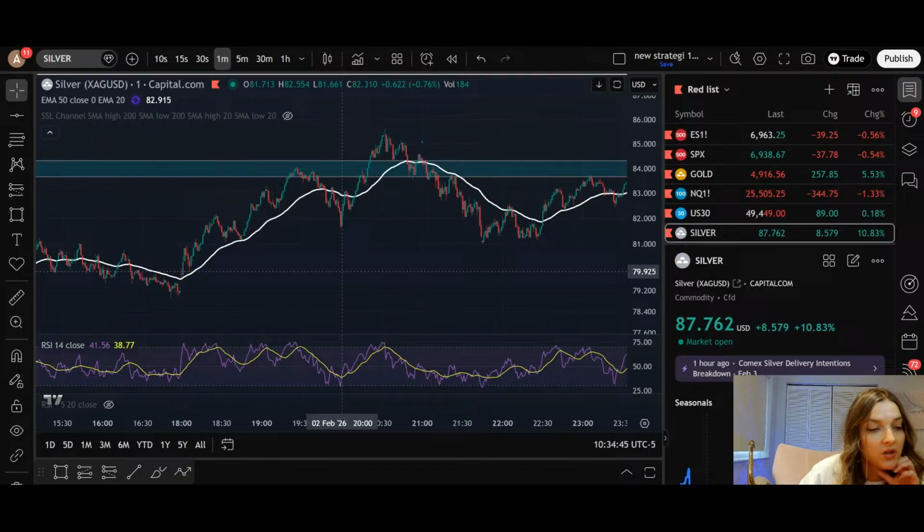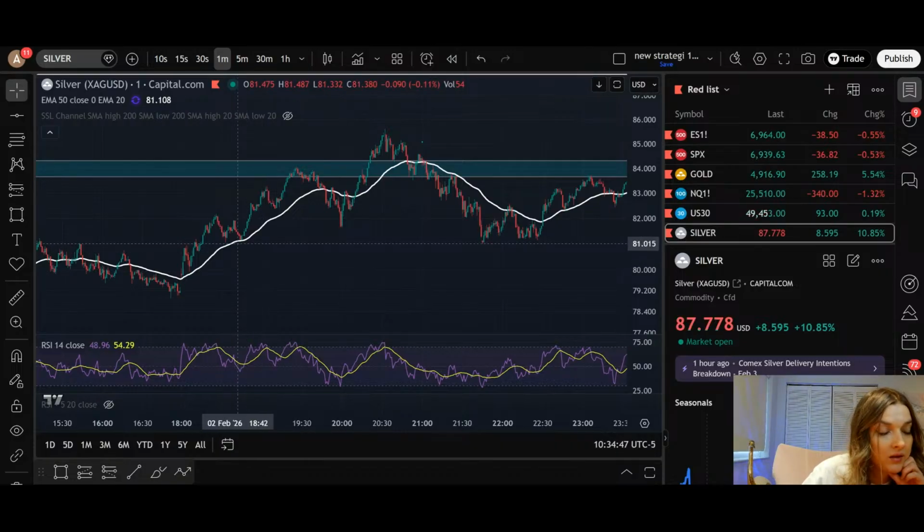Okay, here is a divergence. You can clearly see this point right here. It's higher than this point right here, right? But on an RSI, this point is lower.